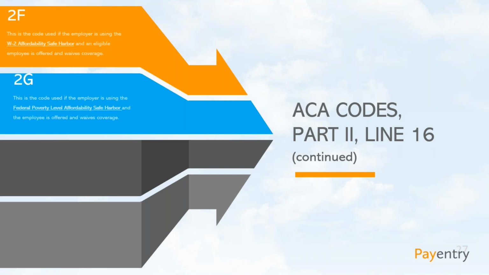If you're using the federal poverty level safe harbor, you would always put in 2G if the person that you offer the coverage to declines it. And if your affordability is based on the rate of pay, then you would use 2H if someone declines your coverage. 2I is not being used currently.